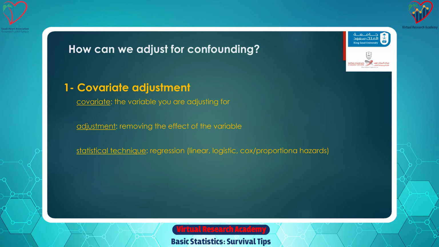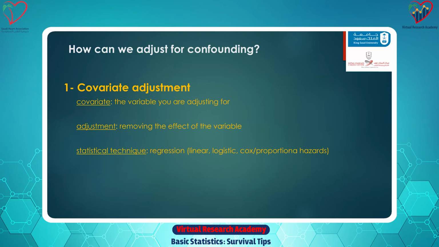That could be hypertension or old age or chronic kidney disease. Adjustment in plain English means removing the effect of the variable. So when you say, I adjusted the relationship between digoxin and mortality for old age, it means you removed the effect of old age on that relationship.